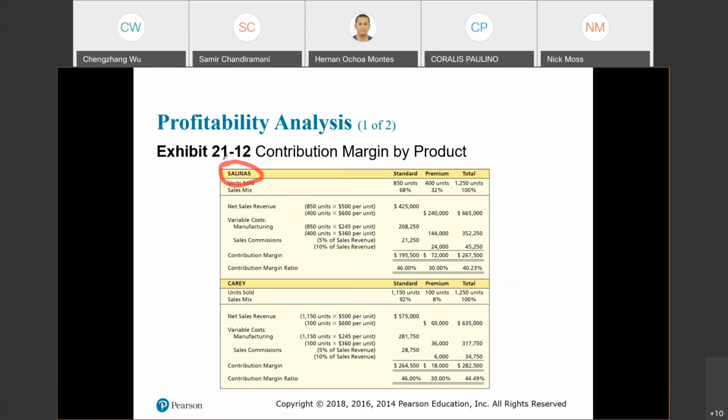Selena's sales mix was 68% of the standard units and 32% of the premium units, while Carrie's sales mix was 92% of the standard units and only 8% of the premium units, because the standard model has a higher contribution margin than the premium model.